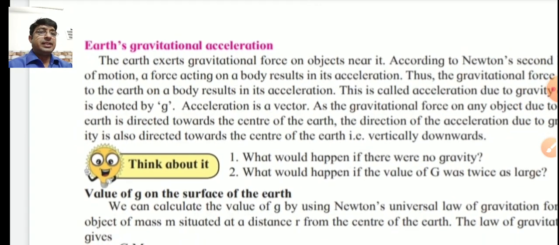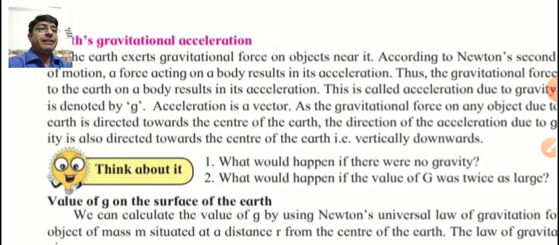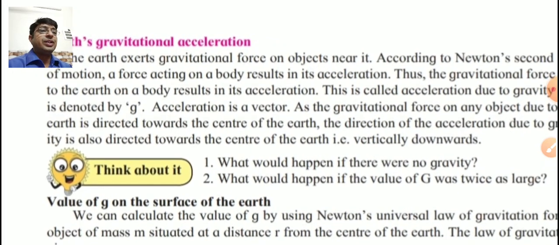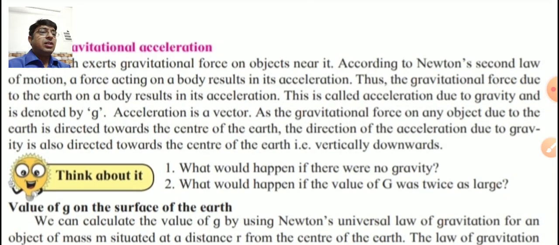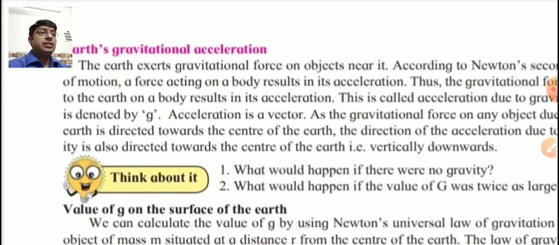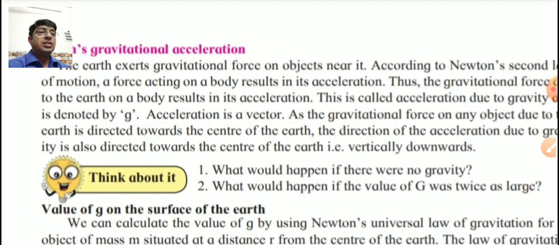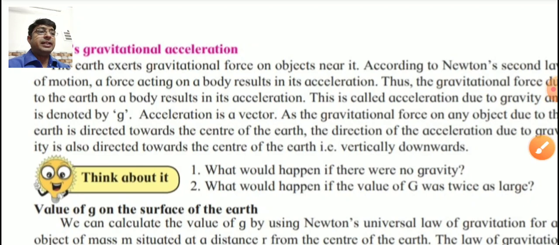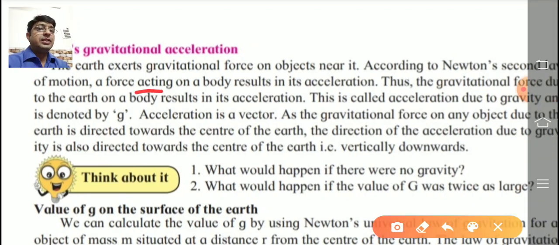So see in the first paragraph, the Earth exerts gravitational force on objects near it. According to Newton's second law of motion, a force acting on a body results in its acceleration.